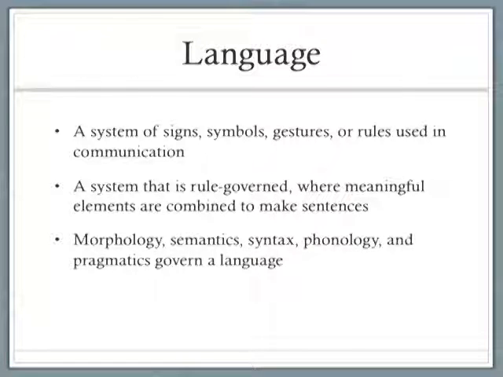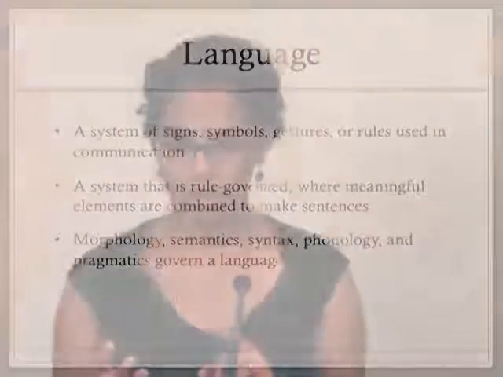We all know intuitively what it means. But when we talk about language, there are 5 things that govern a language. When you enter the field of speech language pathology, you will see some disorders that are related to these 5 things. The 5 things are morphology, semantics, syntax, phonology, and pragmatics. Okay, what is morphology?